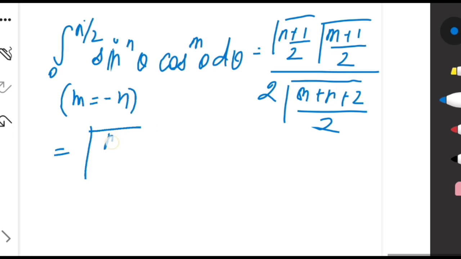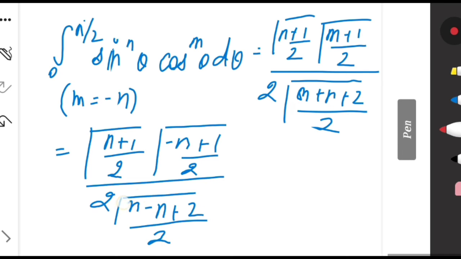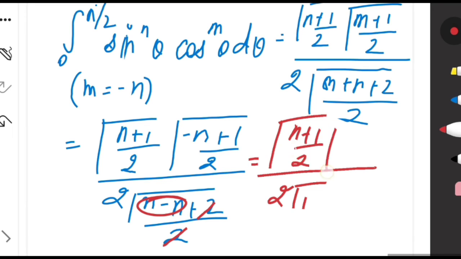This is equal to gamma of (n plus 1) by 2, which will remain as it is, and here it will be gamma of (n minus n plus 1) by 2, over 2 times gamma of (n minus n plus 2) by 2. n minus n will be 0, and 2 by 2 gives 1, so here it will be 2 gamma 1, and this will be as it is: gamma of (n plus 1) by 2 and gamma of (minus n plus 1) by 2.